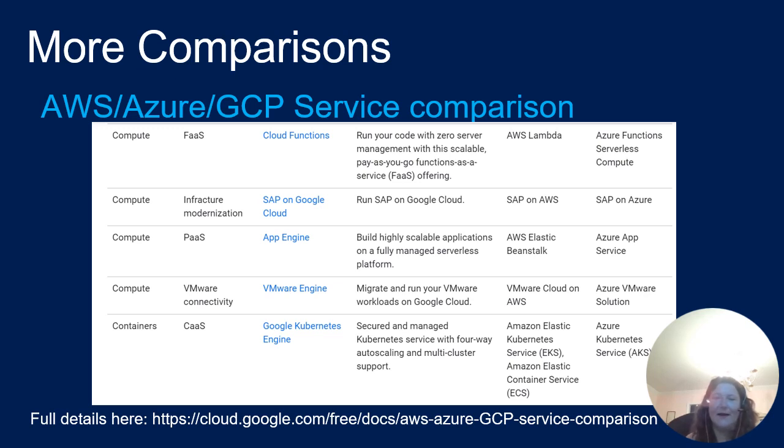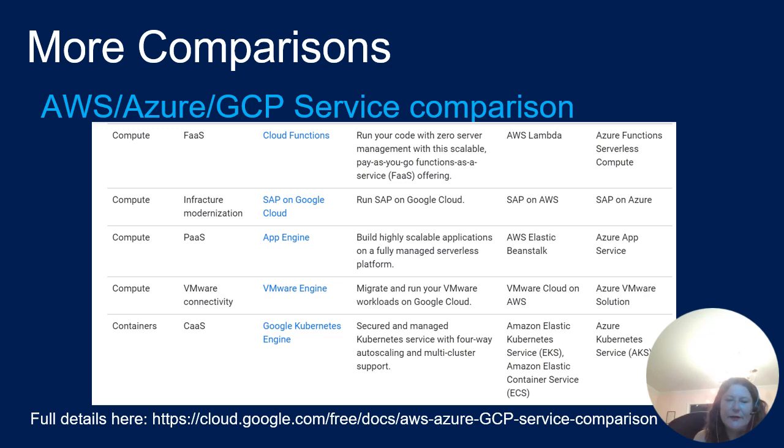For example, you might have a function that runs every day at midnight. Cloud Functions is the Google Cloud version of this. AWS Lambda is the AWS version, and Azure Functions are the Azure version of that.